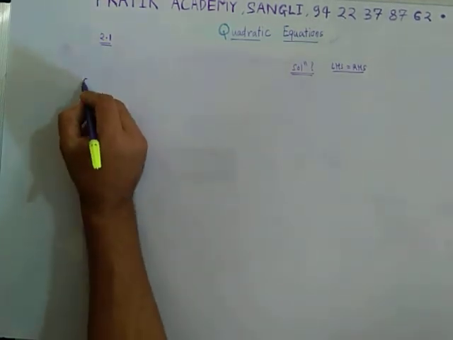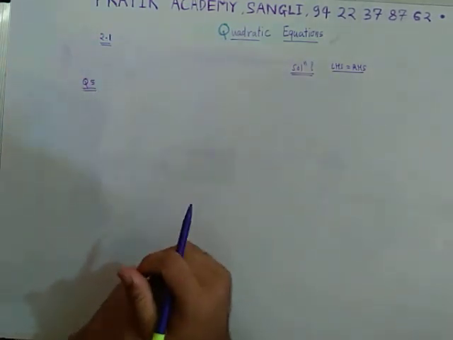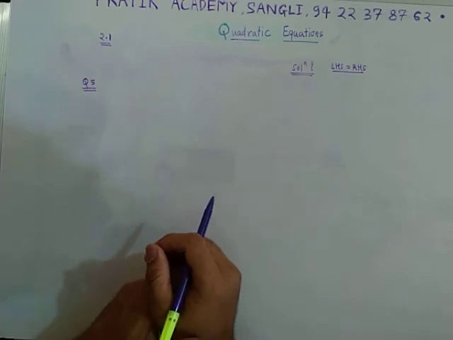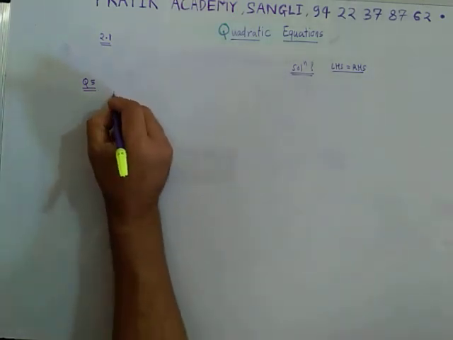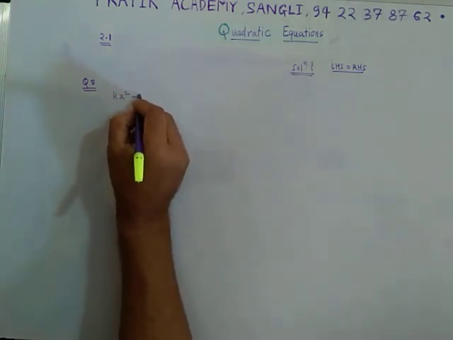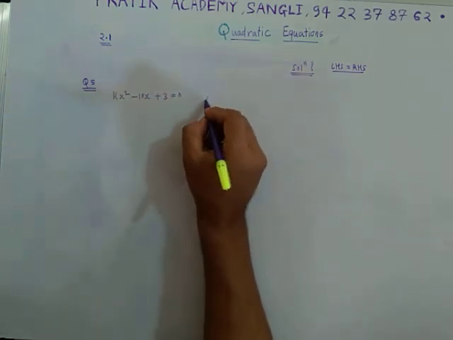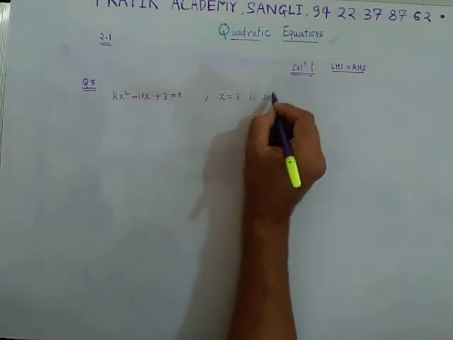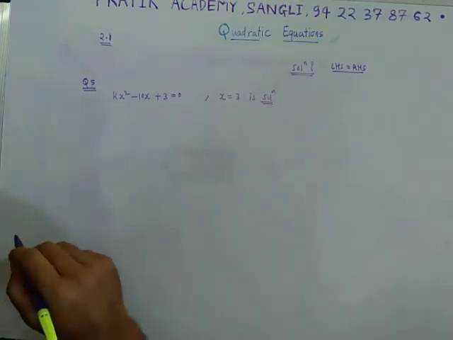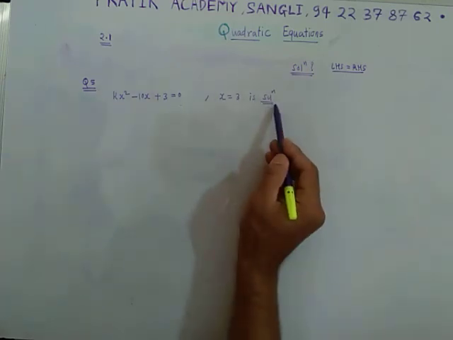Now we will discuss problem number 5. So what is the problem? Find k if x = 3 is a root of the equation kx² − 10x + 3 = 0. Here x = 3 is given as a solution. We know that the value of the variable for which LHS becomes RHS is called a solution.